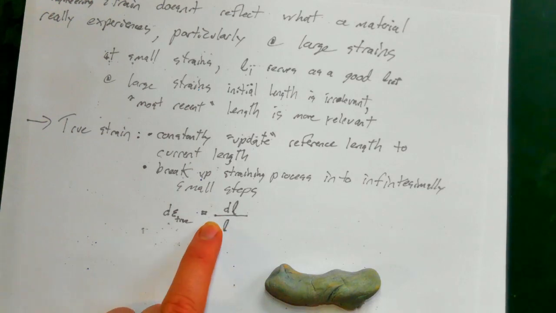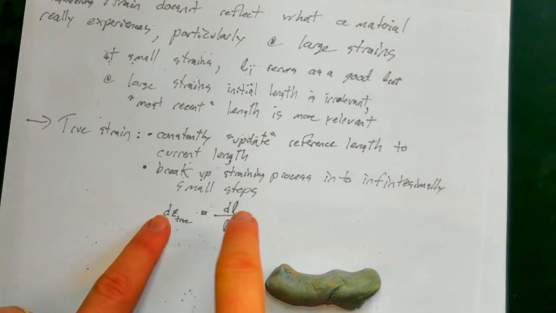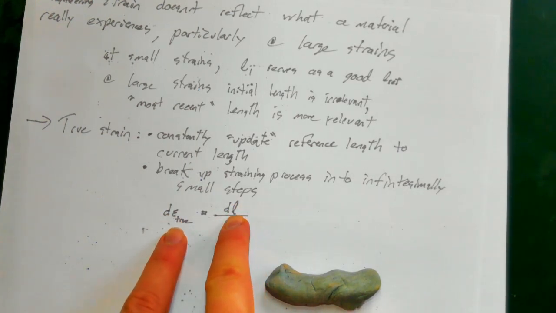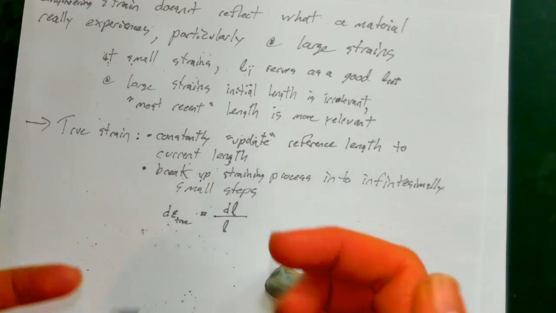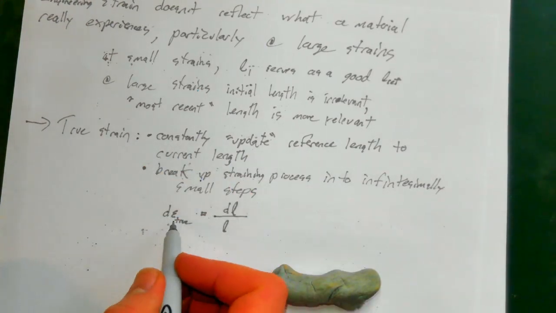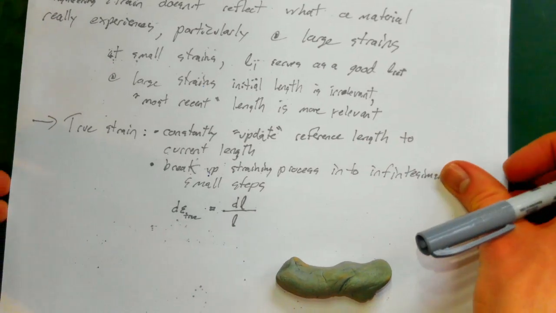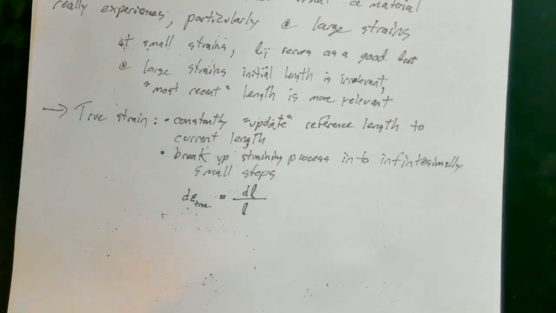Now, if you're looking at this, you're like, wait a second, this looks a little like what I want, true strain, right? You've defined an increment for true strain. I want an equation for what the actual true strain is.